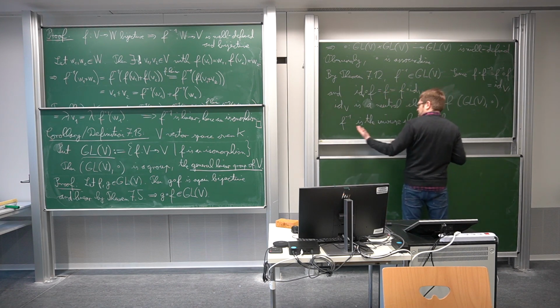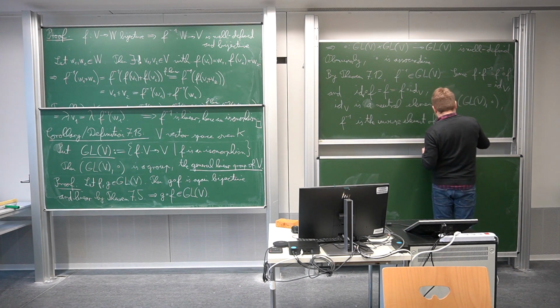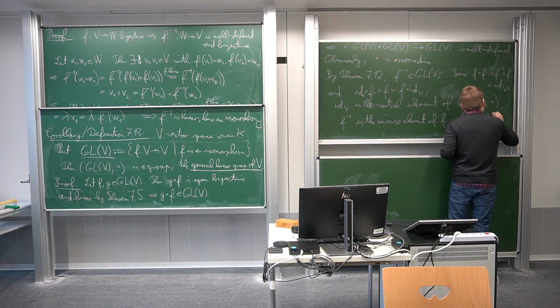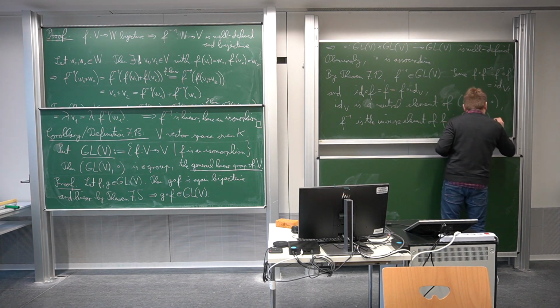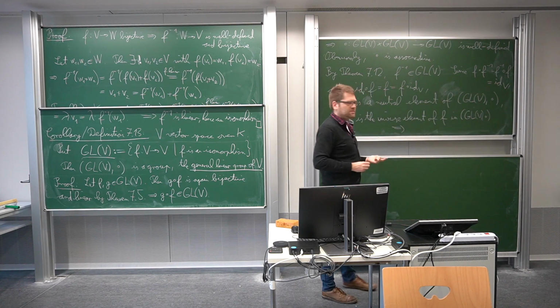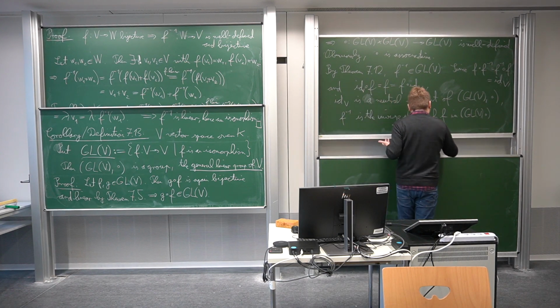So really, it's an inverse map, but so far it's the inverse element abstractly of this group operation in the group GL of V with the composition. And since we have associativity, a neutral element, and inverses, this shows that GL of V is indeed a group.